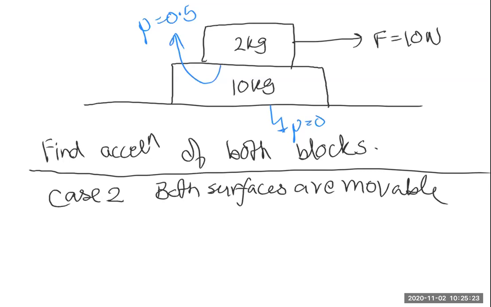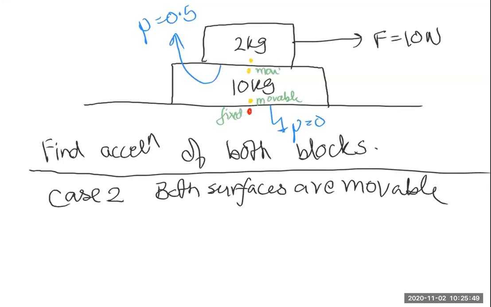So look at this surface, look at this surface, look at this surface, and look at this surface, right? So out of these four surfaces which are interacting with each other, which are touching each other, the surface of 10 kg block, this is movable. The surface of the floor is fixed.